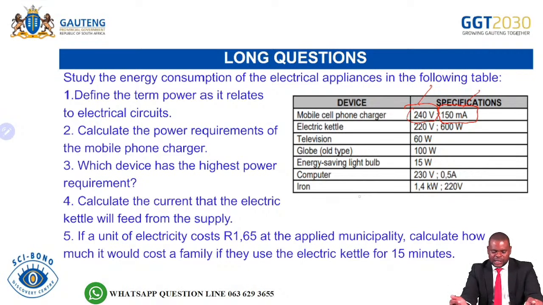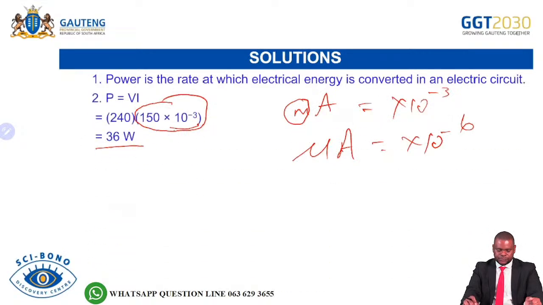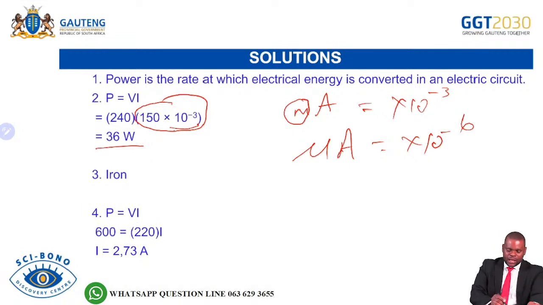Calculate the current that the electric kettle will draw from the supply. Electric kettle, we have what? 220 volts and a power of 600 watts. That is what we are given. Are we together? We said power given is 600 watts.